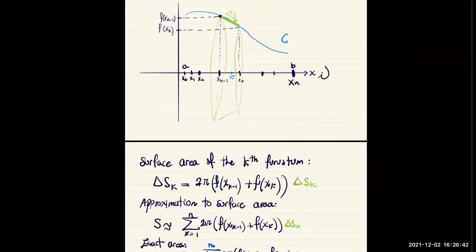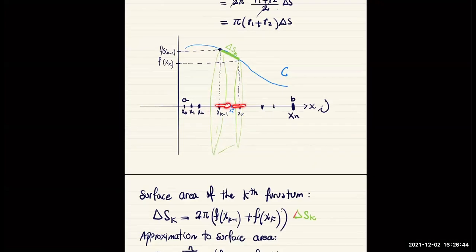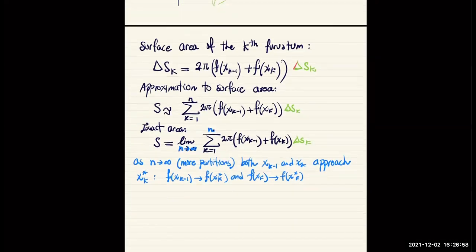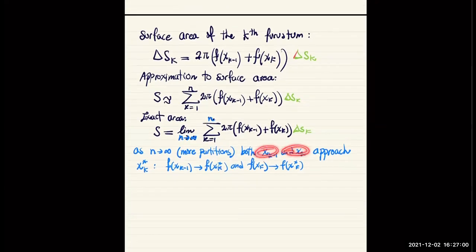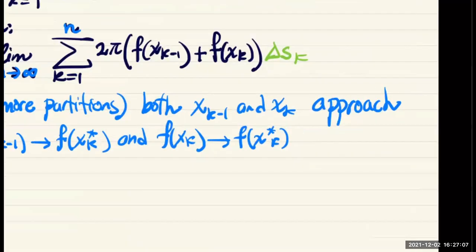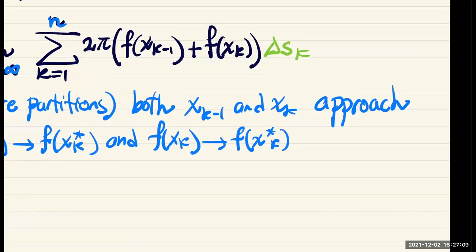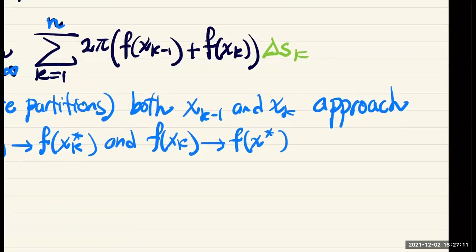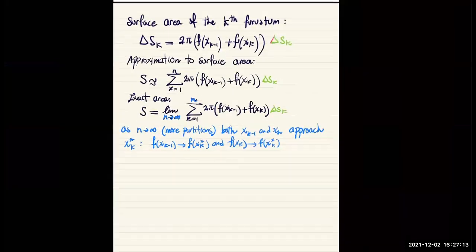All right, so when that happens, these two y values get close to the y value that corresponds to x_k star. Okay, these both go to x_k star, so their y values go to f of x_k star. My k's are weird here. Okay.